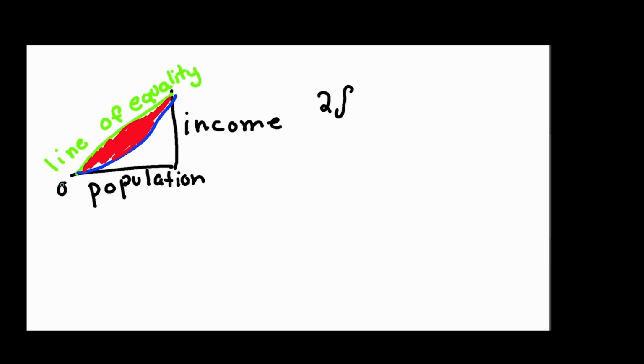So the graph here starts at 0 and it ends at 1 with 100% of the population. It also starts at 0 for the income and ends at 1 for 100% of the income. So the integral from 0 to 1 of x, which represents the line of equality, minus L of x.